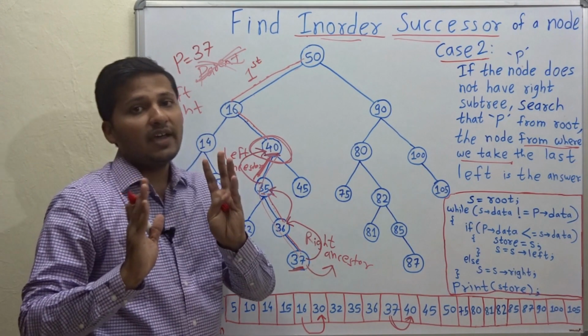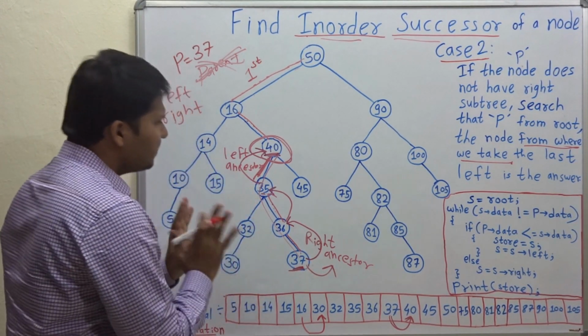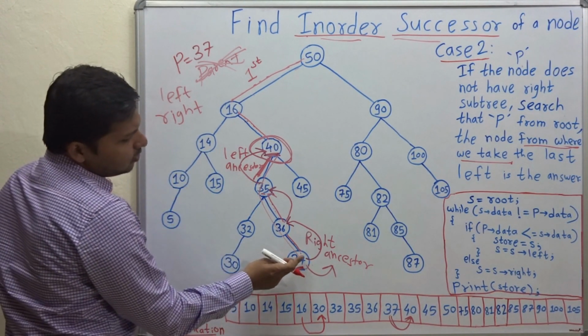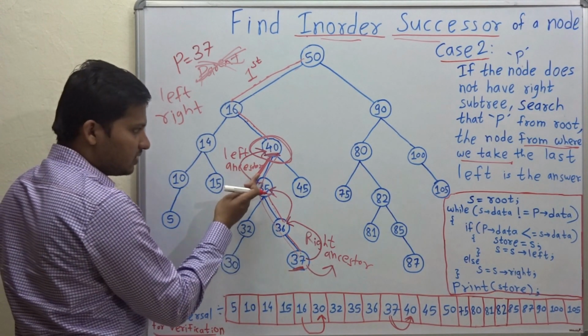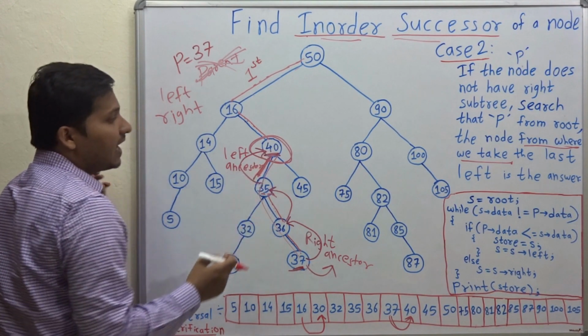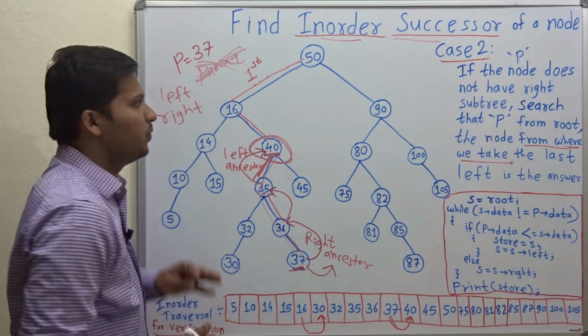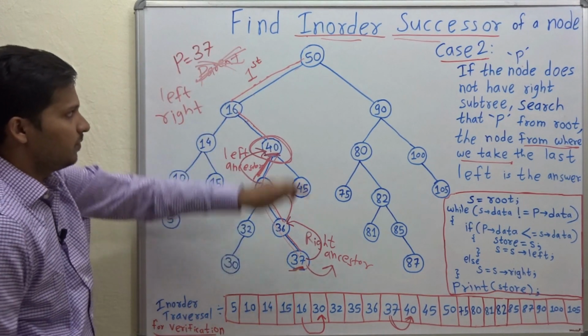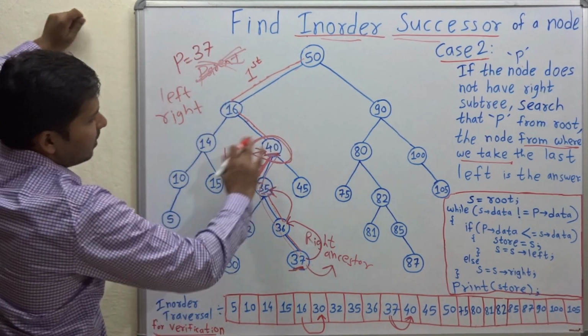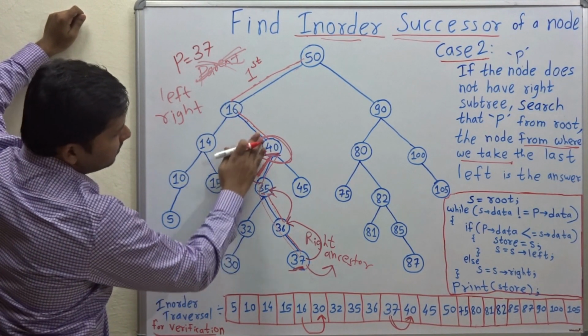So we apply an idea. While going in reverse, we check for the first left ancestor. So let's search that node from the root and mark that path.